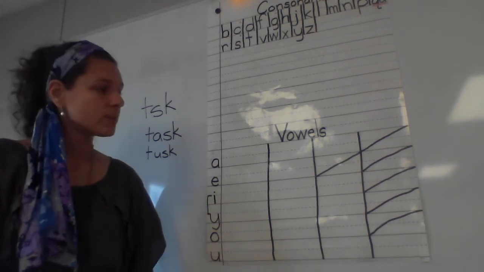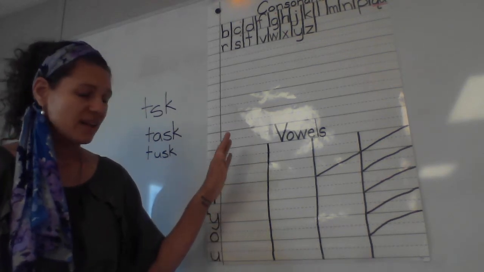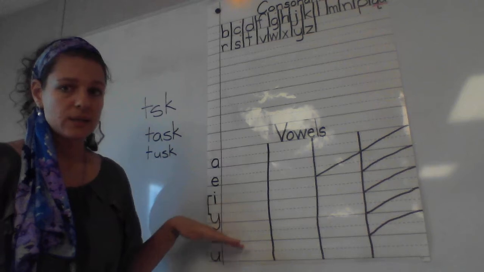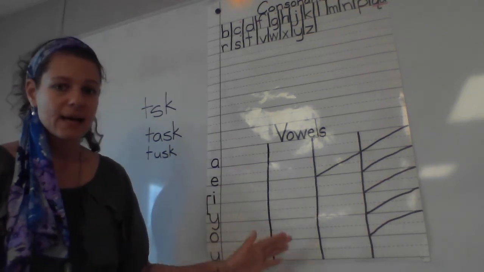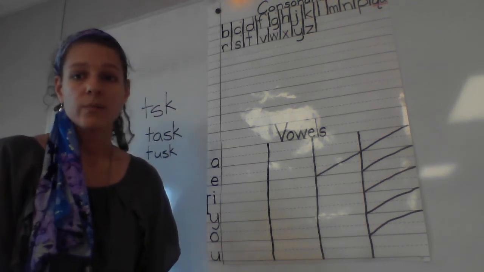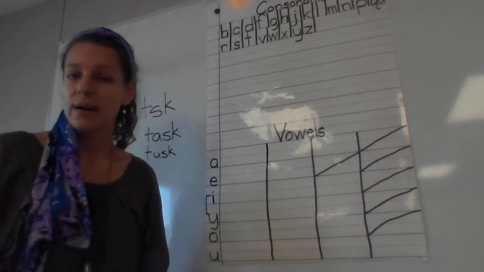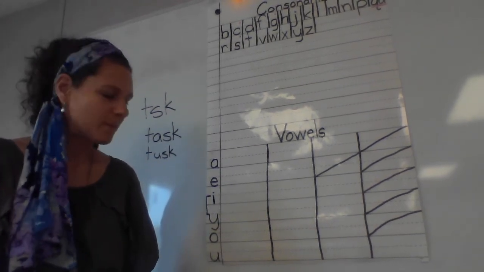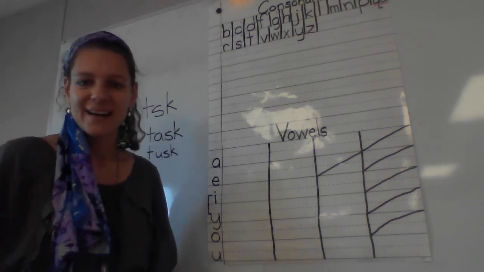None of them make just one sound, so we need to know when they're saying their first sound, when they're saying their second sound, when they're saying a different sound. But fortunately, there are rules about all of those things that you will learn if you don't already know them. All right, so nice work today with vowels and consonants.